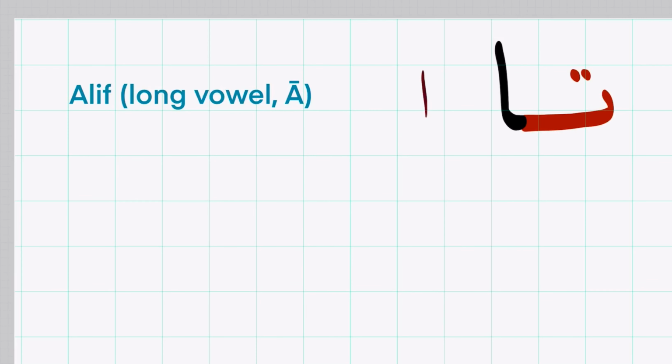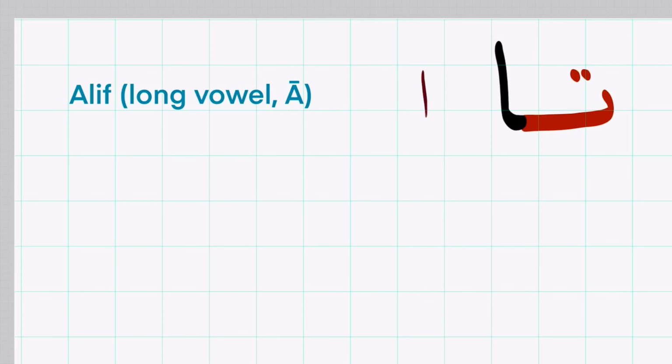This session will deal with the long vowels, which were explained again in the ba letter lesson. I hope you've mastered them there. This is the alif long vowel or a, and this is how the ta letter would look when it is attached to the alif letter.